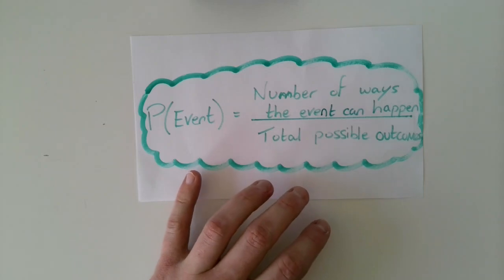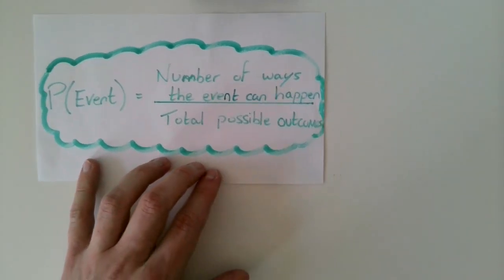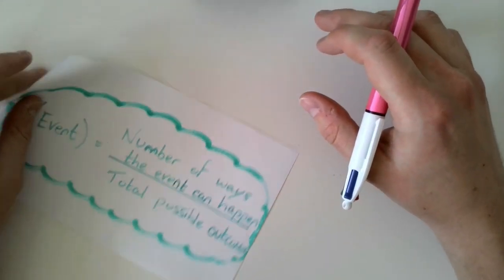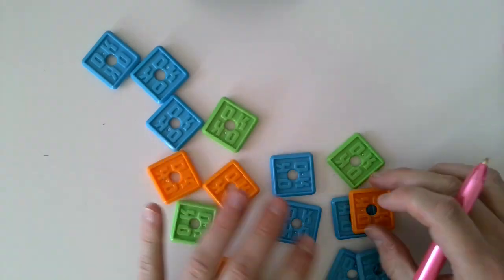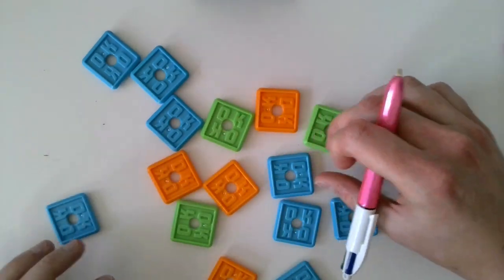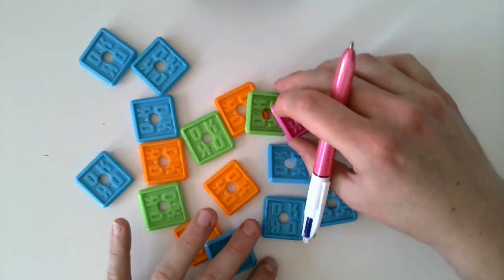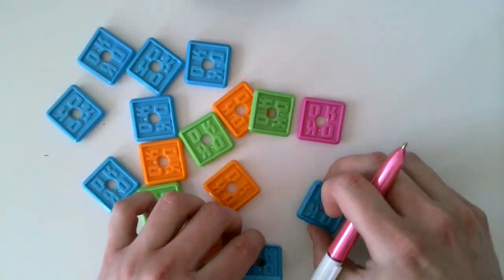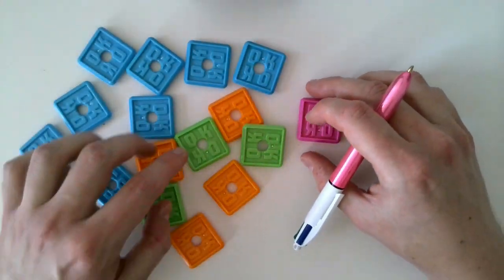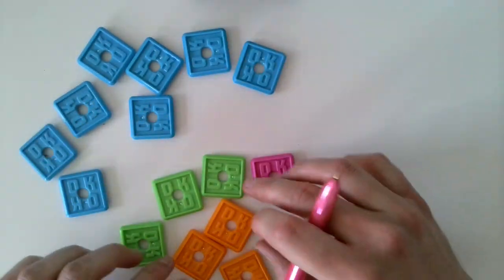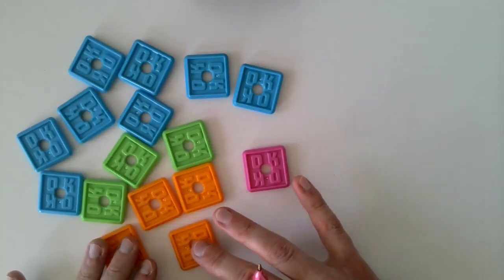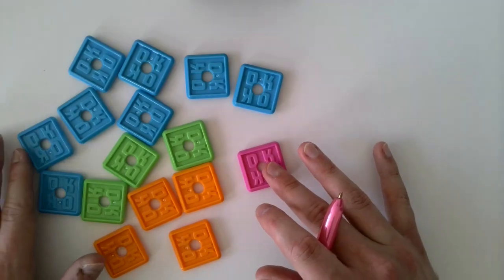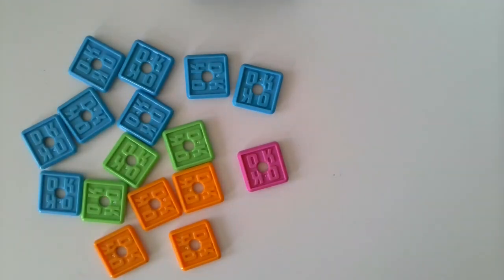Now, I'm going to use a very popular type of question for my example, which is using coloured counters in a bag. So I've got a load of counters here, which I'm going to separate into different colours. And before we make a start on the question, I'm just going to make a note of how many of each colour I've got.